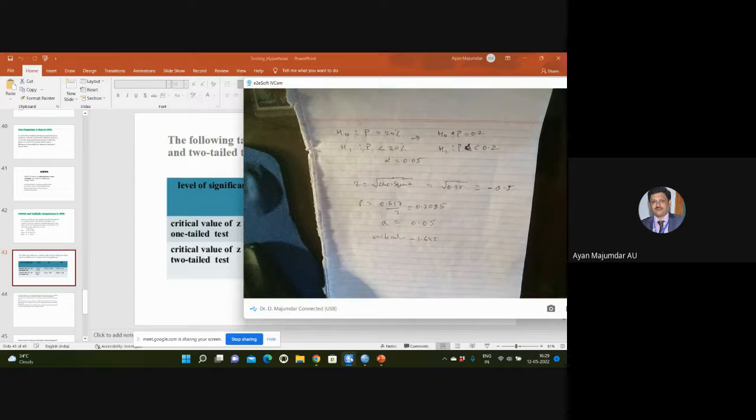The basic thing is the same. Whether you go the classical way or compare the P value, the thing is the same. If the computed value is more than the table value, the null hypothesis will be rejected. If the P value is less than alpha, the null hypothesis will be rejected. Whether T or Z, the thing is the same.